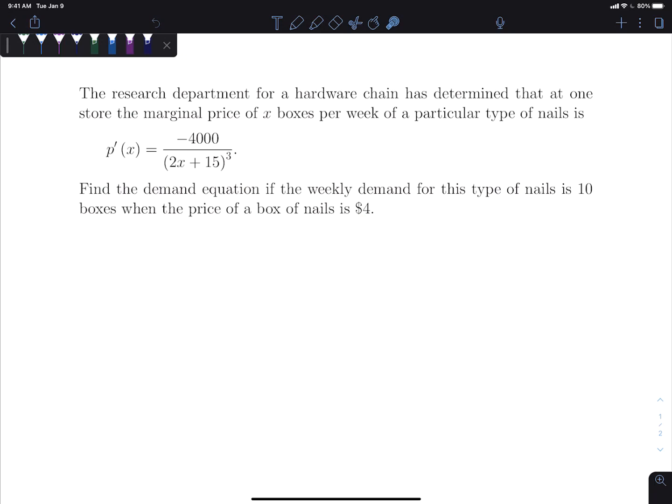Okay, so the demand equation is this P of x function that we want to find here. So basically, we want to remind ourselves that to find the demand equation, that is P of x. But notice that means that we're going to have to find the integral of P prime of x dx.